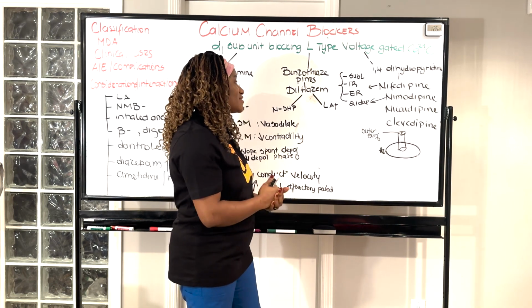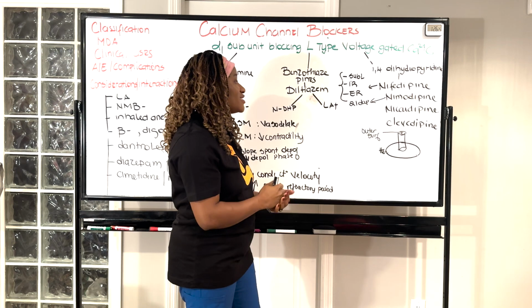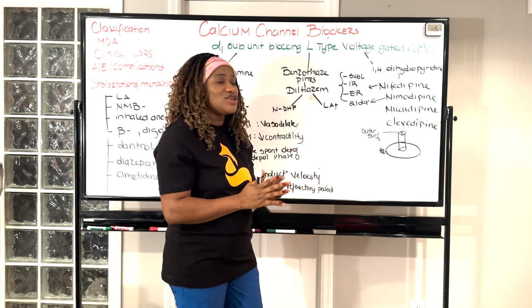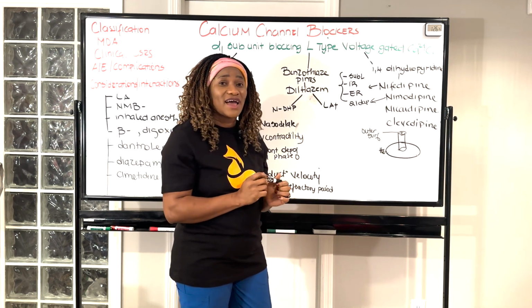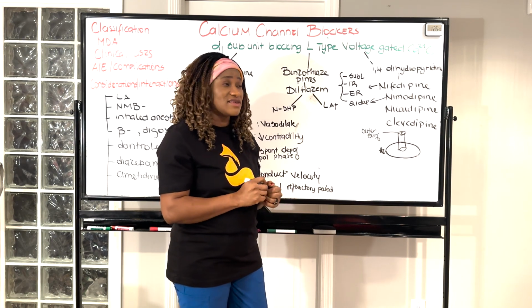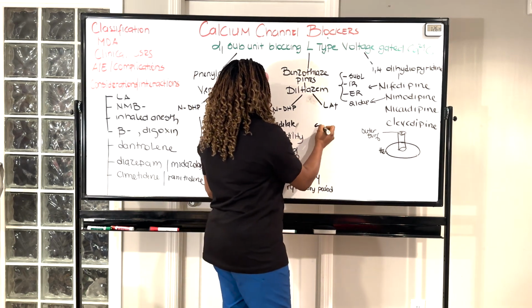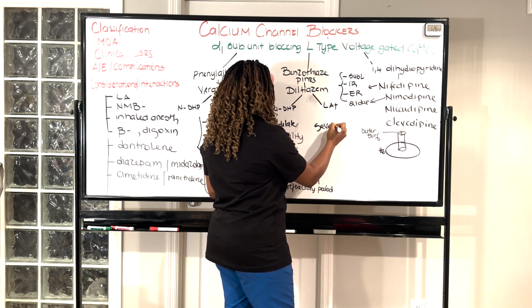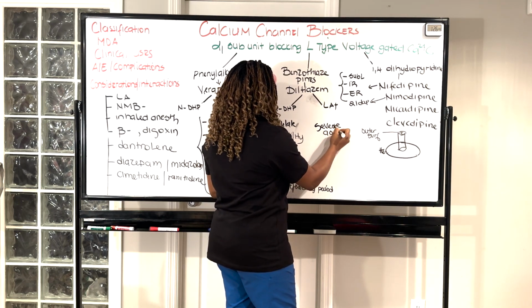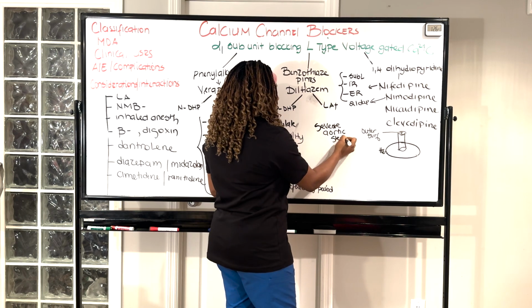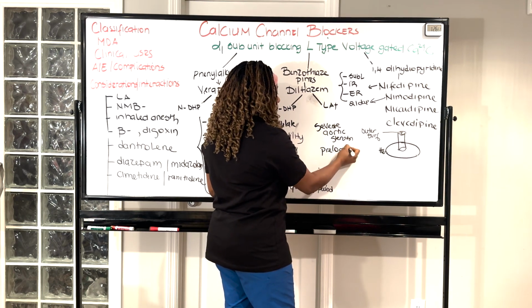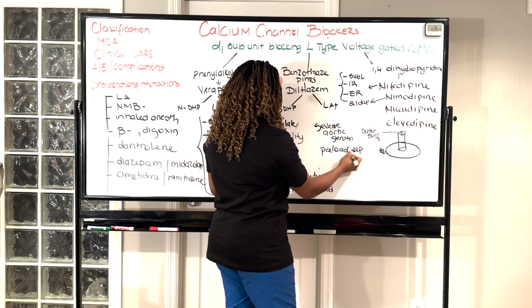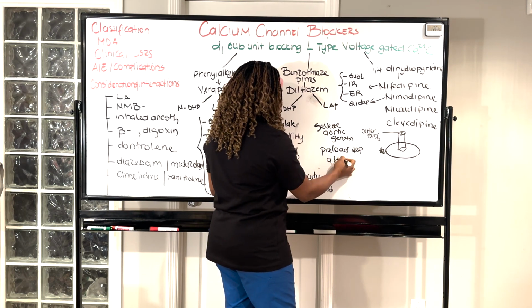And because it causes vasodilation so greatly, you want to be cautious when you use it with patients that have severe aortic stenosis, because patients with severe aortic stenosis depend on the preload. They are preload dependent and they are afterload fixed.